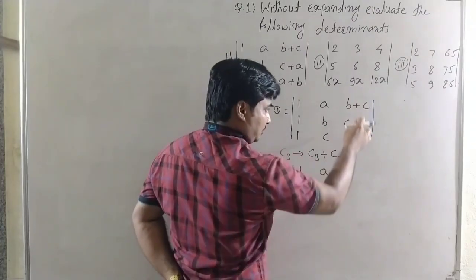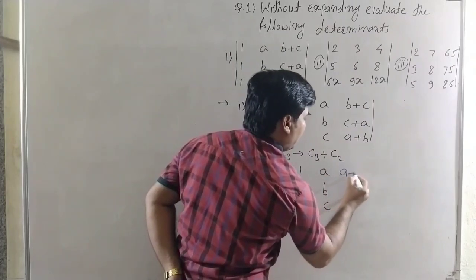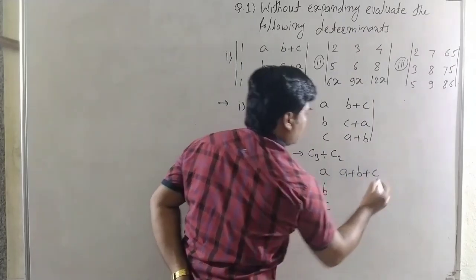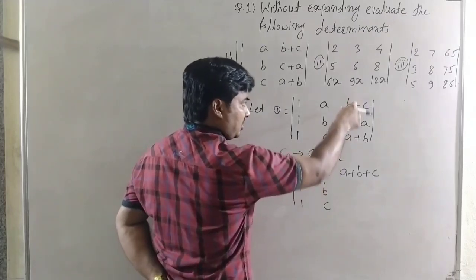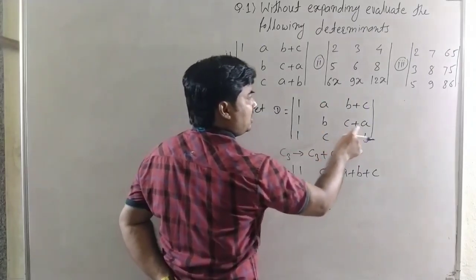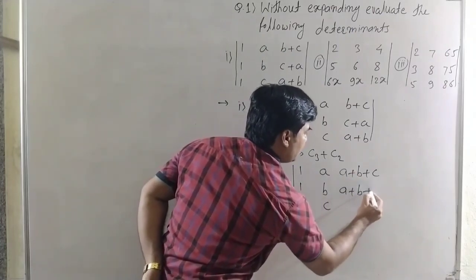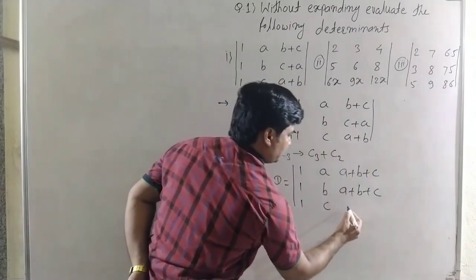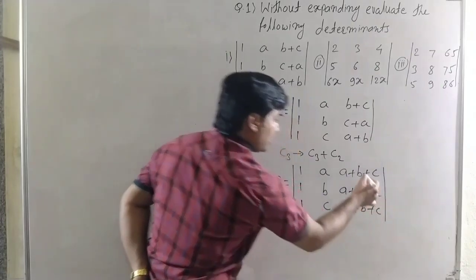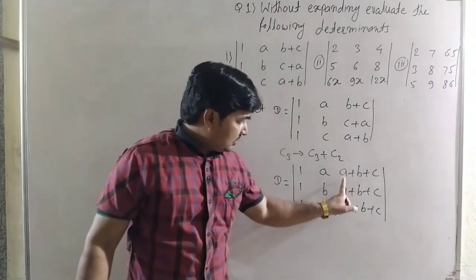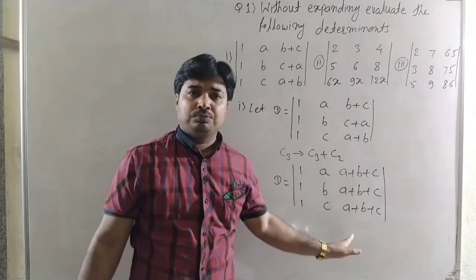That is, b plus c plus a, which is a plus b plus c; c plus a plus b, again a plus b plus c; and a plus b plus c. Now these numbers a plus b plus c, a plus b plus c, a plus b plus c are all the same.